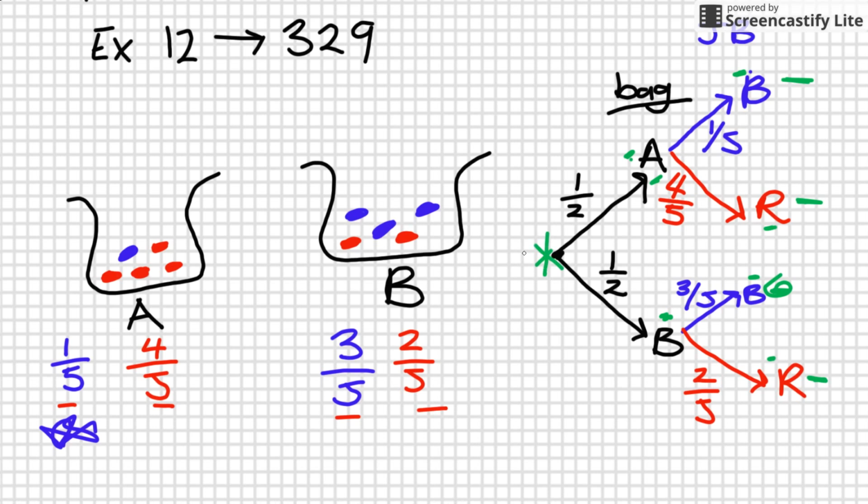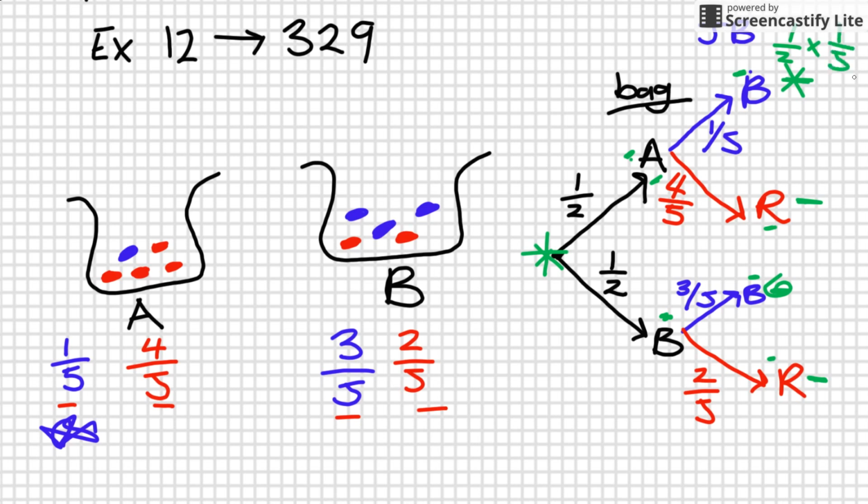Let's start back here at the base of our tree, and let's look at this possible outcome here, where we've got bag A and a blue jelly bean. We follow the branches, and we look at the probability of each of these things happening. Well, we have 1 in 2 chance of getting bag A. So 1 in 2. Then we have a 1 in 5 chance of getting a blue jelly bean, times 1 in 5.